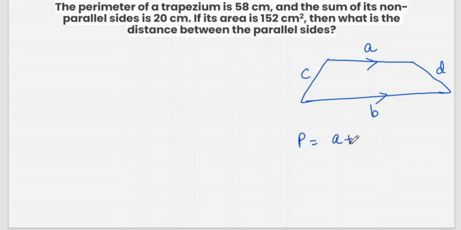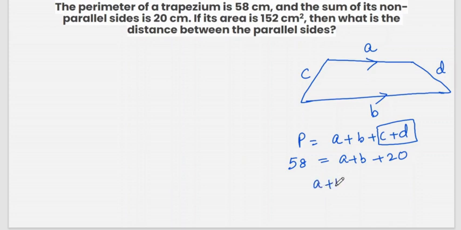It is A plus B plus C plus D. Now you can see the perimeter is given as 58 centimeter, and the sum of its non-parallel sides, C and D, is given as 20. So A plus B plus 20 equals 58, so A plus B will be equal to 58 minus 20, that is 38. And what is A plus B? They are the sum of the parallel sides.